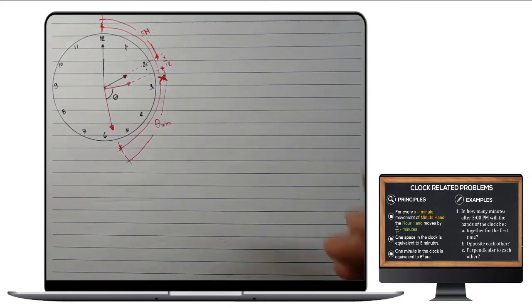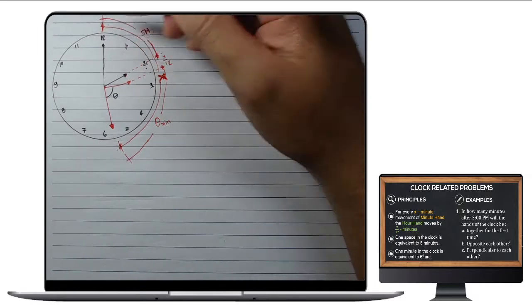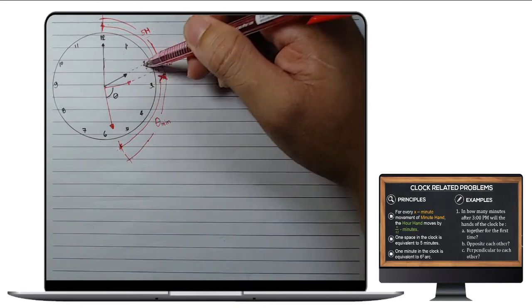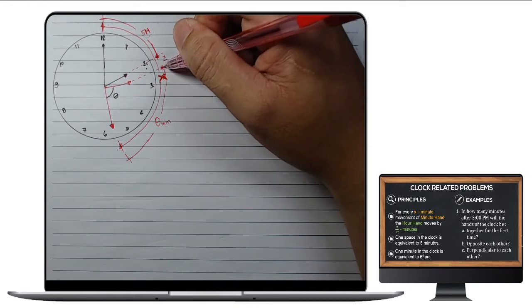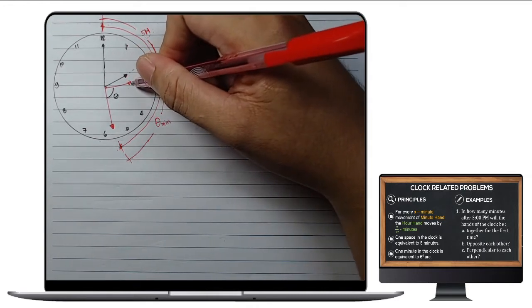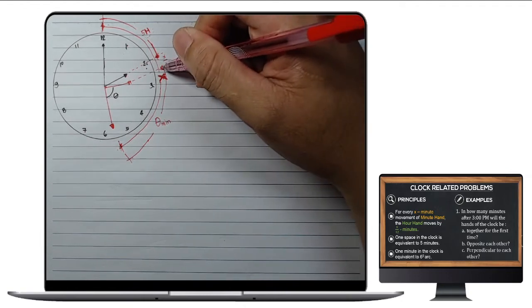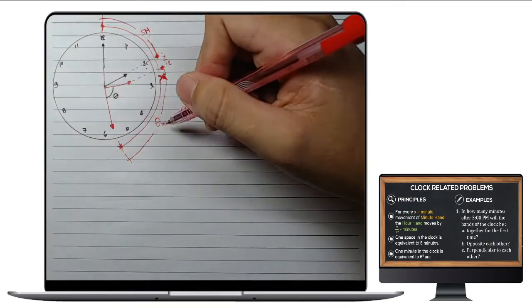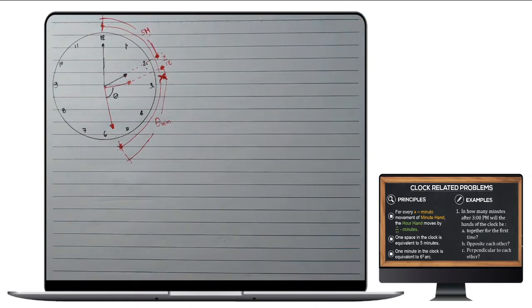Okay? So, let's summarize this figure. So, from this point, so from the 12 o'clock mark up to the o'clock mark, kung saan nakaturo yung ating R hand, that is 5h. Then, from the o'clock mark hanggang sa second position ng ating R hand after some time, so that is x over 12. Then, mula dito sa R hand, papunta sa new position ni minute hand, that is simply theta. And all in all, that is also equivalent to x minutes.